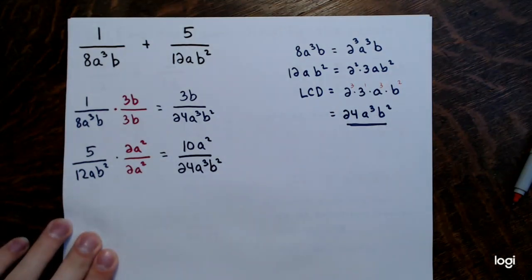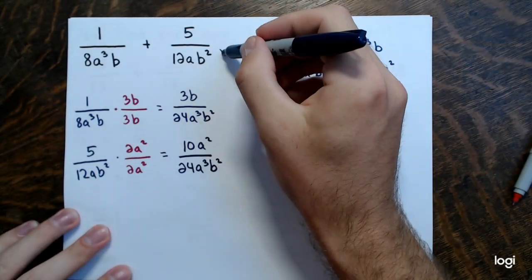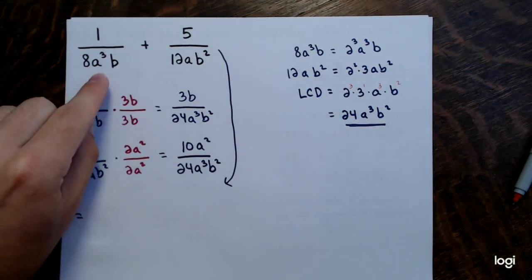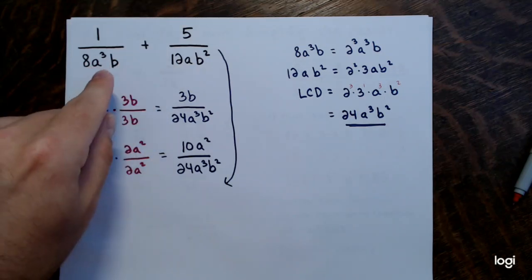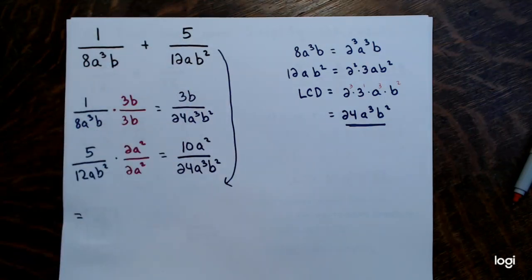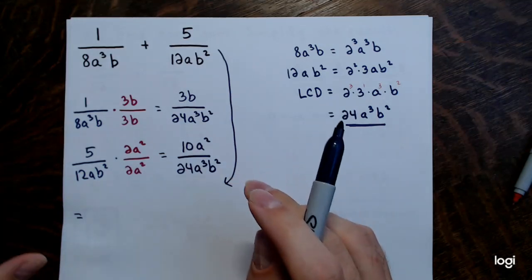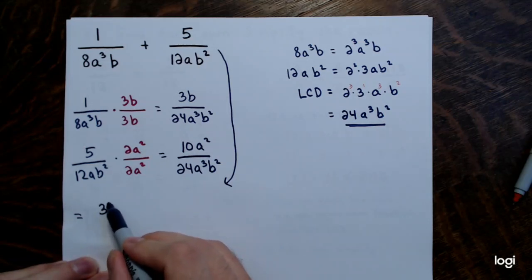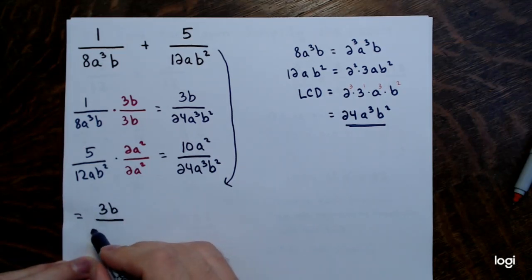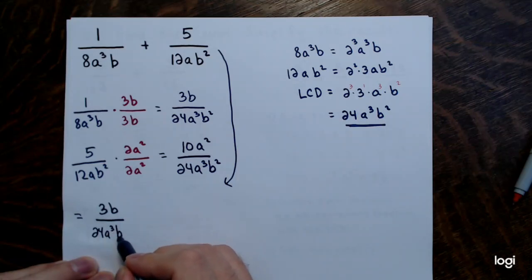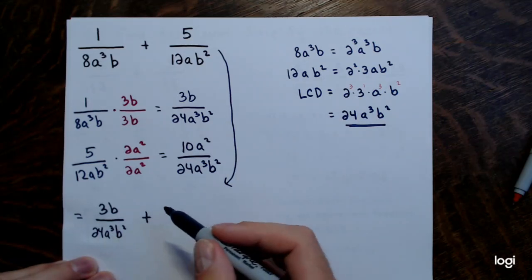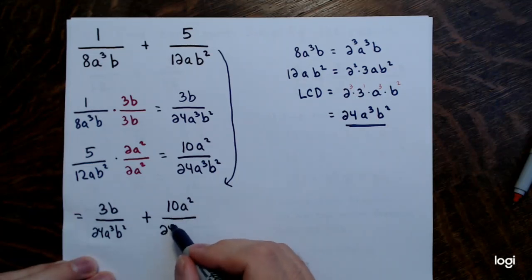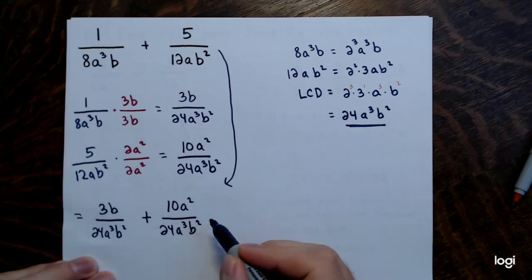Great. And now when I add them, so let's bring this down here. So 1 over 8a cubed b plus 5 over 12ab squared would now be equivalent to, I'm going to change each of these fractions to these two, 3b over 24a cubed b squared plus 10a squared over 24a cubed b squared.